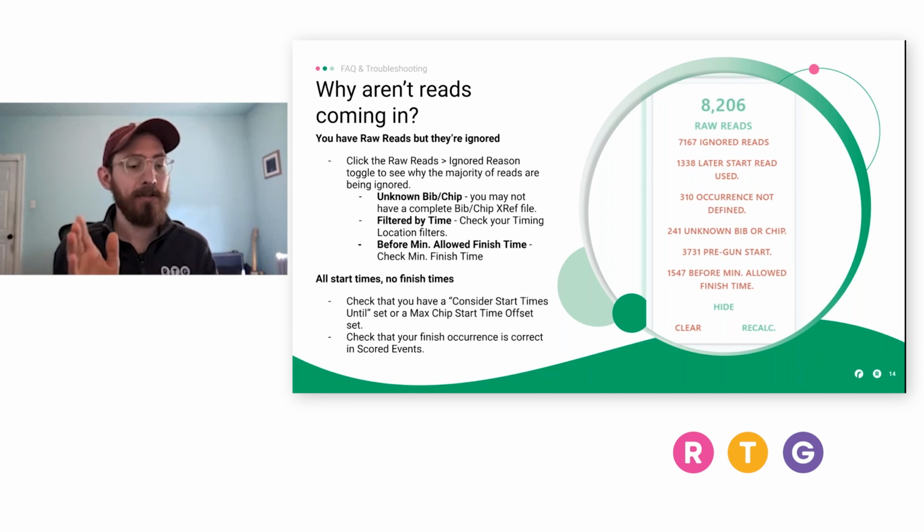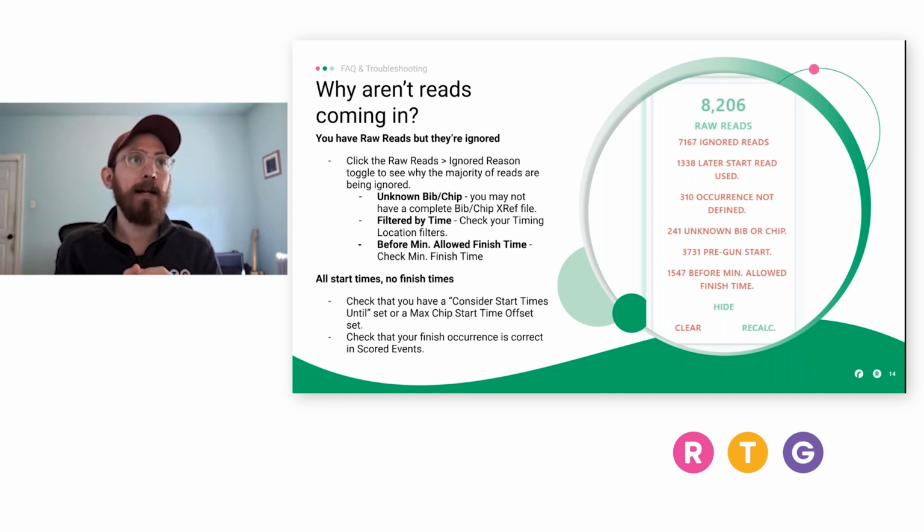And what we do is, if you have at least one bib chip cross-reference, we switch over and we say, okay, now everyone has to have a bib chip record. So if you only have one and it doesn't match anyone in your database, you're not going to get any chip reads that come through. So just take that into consideration. I would double check that your bib chip file is correct. That would be the first thing I would do.